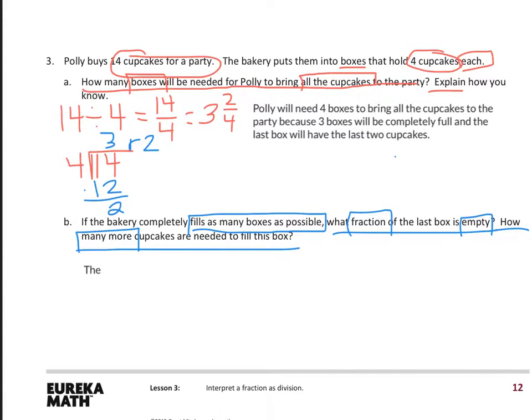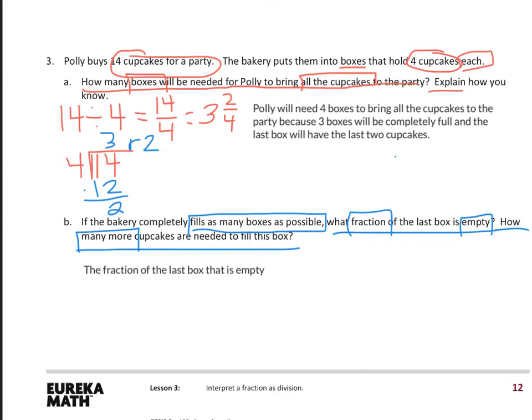So our sentence is going to be, starting off, the fraction of the last box that is empty. Well, up above we had 3 and 2/4. So the last box had 2/4 filled.